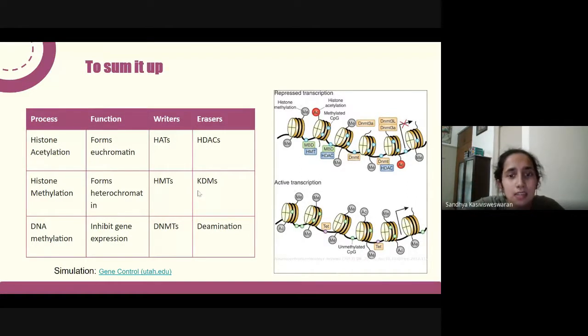So lysine demethylases. Okay, so then DNA methylation inhibits gene expression, written by DNA methyltransferases, and erasers is basically through deamination. So this image here looks a little complicated, but in essence, what it's actually saying is that no epigenetic modification acts alone.